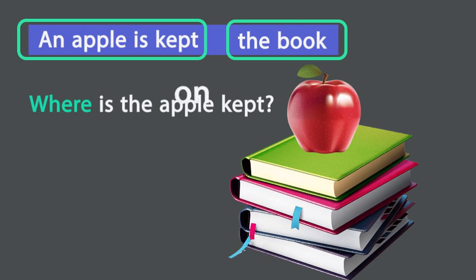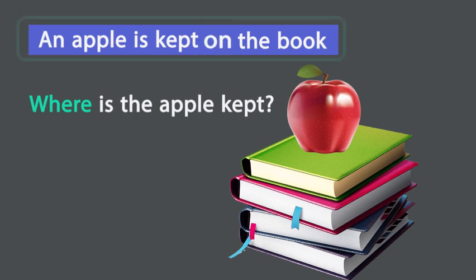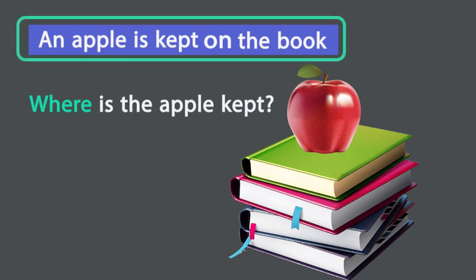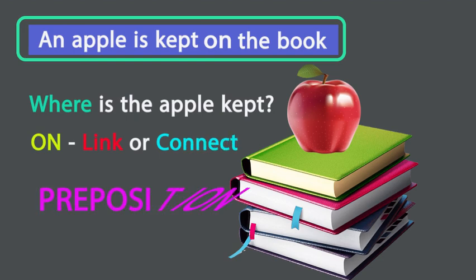But if on is there, then this sentence is meaningful. So this on is nothing but a linking or connecting word. And this linking or connecting word is known as preposition.